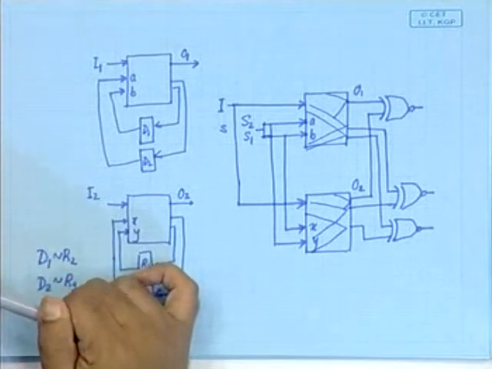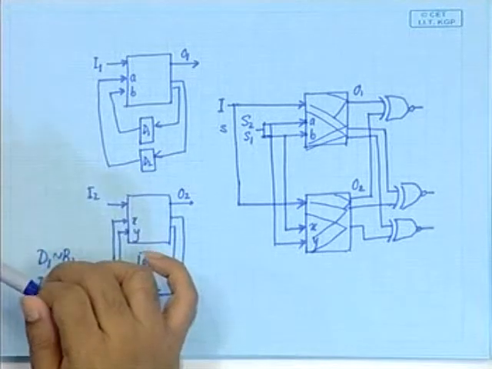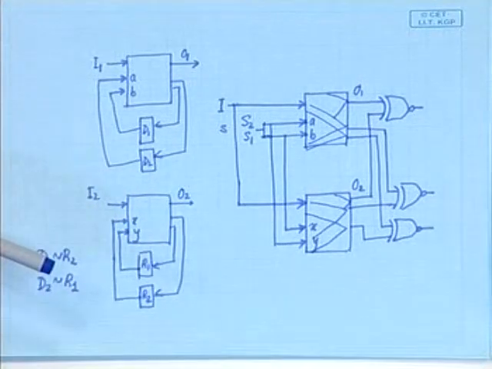But then if the output function does not match, it will be caught. If the output function also matches and the next state function also matches, then your incorrect implementation of the combinational logic has mapped you from one equivalent circuit to another equivalent circuit. So in terms of the output, they are the same. Do you get my point?